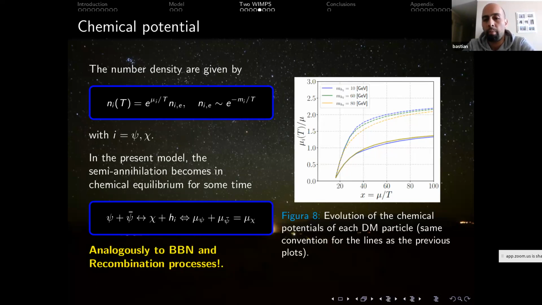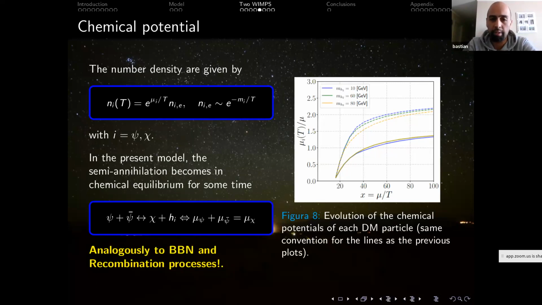We plot the chemical potential for each particle, the dashed lines for the pseudoscalar and the solid ones for the fermion, for different masses of the second Higgs. As you can see, the relation is fulfilled at this level.